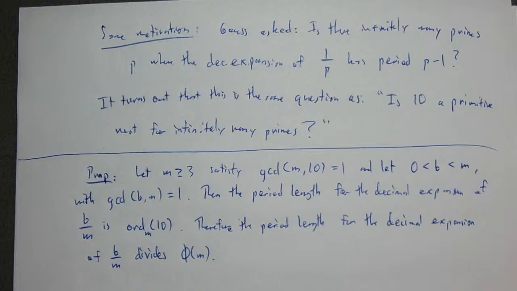All right. So think about what this is saying. This allows you to compute the period length for the decimal expansion of any fraction like this b over m in terms of the order of 10 mod m. Okay. And you'll notice that there's going to be all these requirements that we have for all these theorems that we're going to state: that the integer that we deal with doesn't have any common divisors, or certainly doesn't divide the base 10 itself.